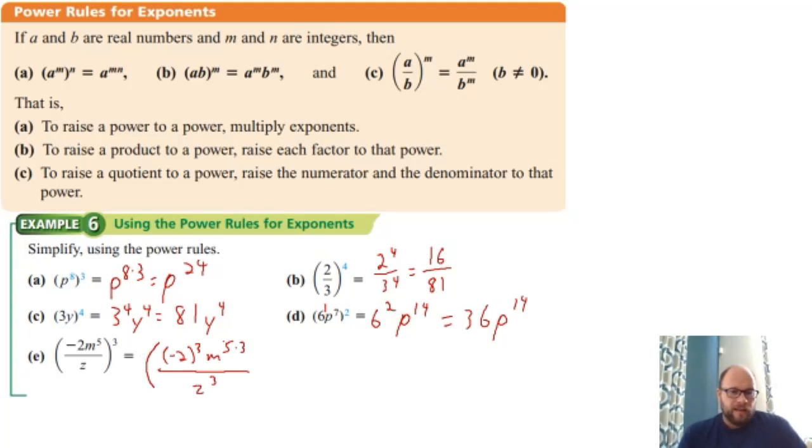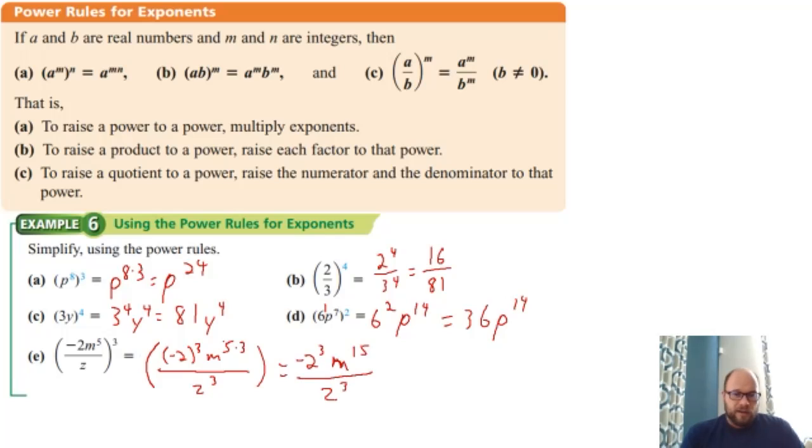Now, our exponent here is an odd exponent, so it's not going to actually affect that negative sign. So we don't have to do the parentheses. We could leave them alone. So if we wanted to, we could just leave this as negative 2 to the 3rd, m to the 15th on the bottom, z to the 3rd.